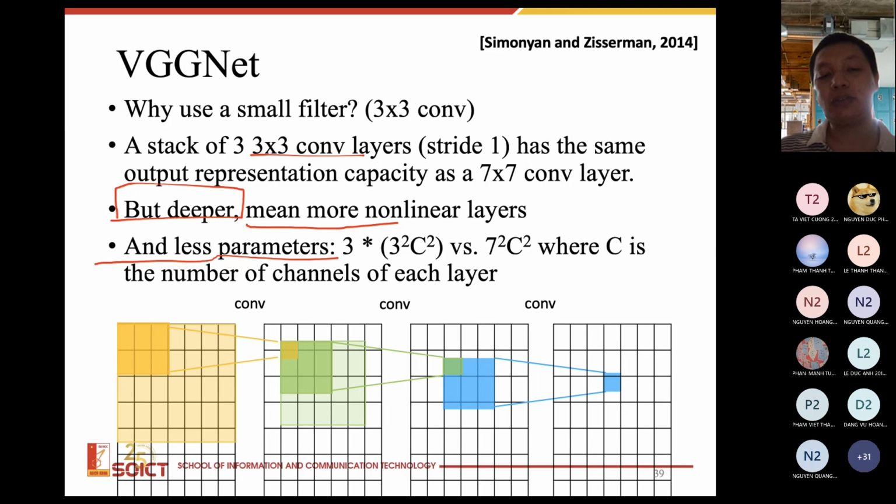The number of parameters is 3 multiplied by 3 squared C squared, and in the former case we have 7 squared C squared, where C is the number of channels of each layer. If C is 3, then you can calculate, and you see that we have fewer parameters in the case where we have small filters.